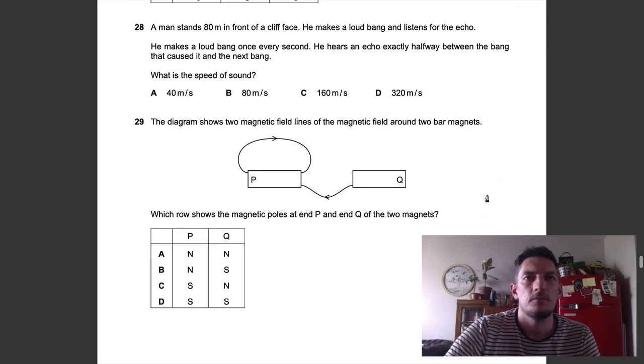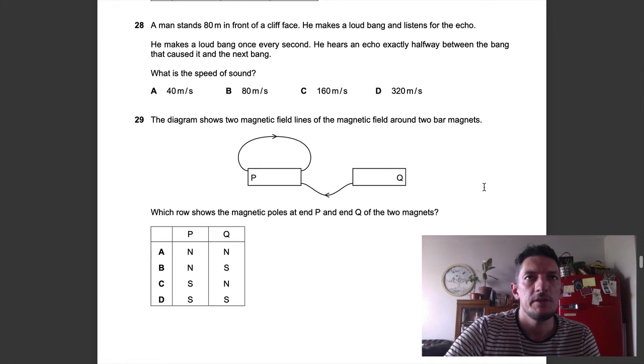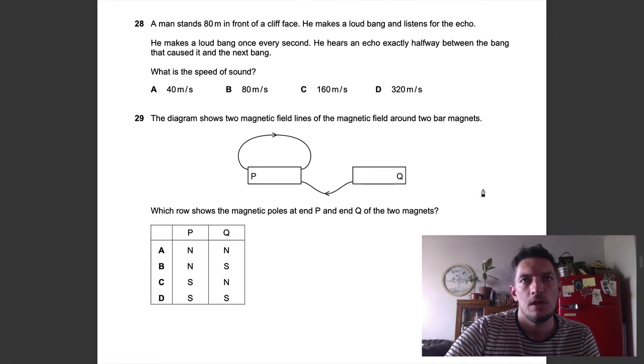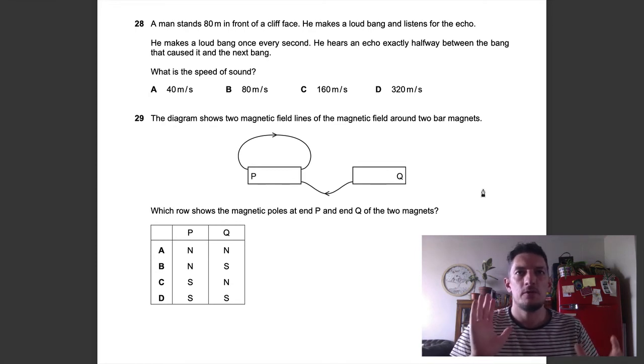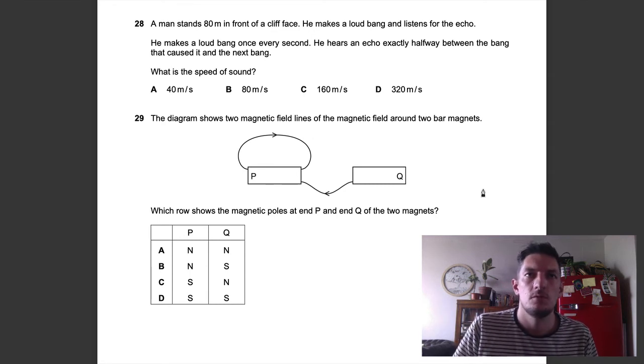Cool. A man stands 80 meters in front of a cliff face. He makes a loud bang and listens for the echo. He makes a loud bang once every second. He hears an echo exactly halfway between those.